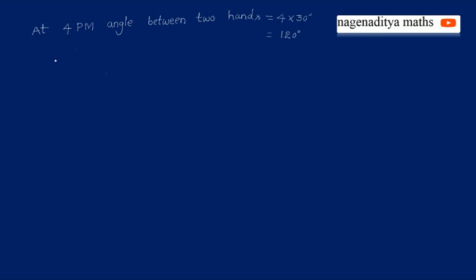Now we have to find when the two hands coincide. That means the angle between the two hands becomes 0 degrees.